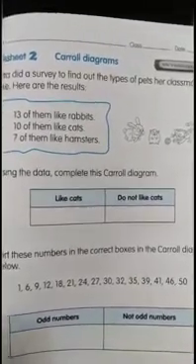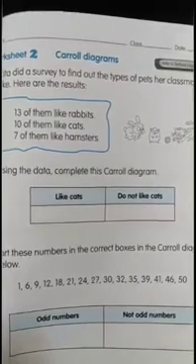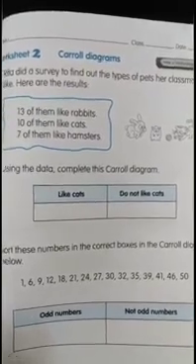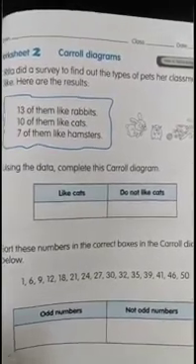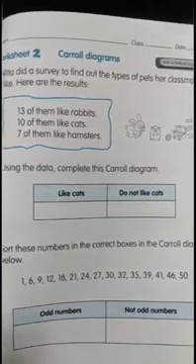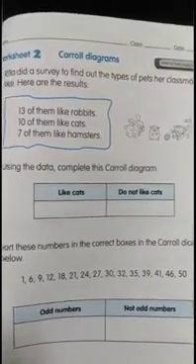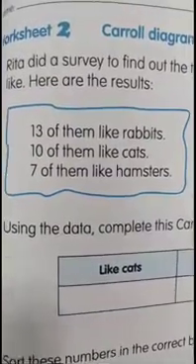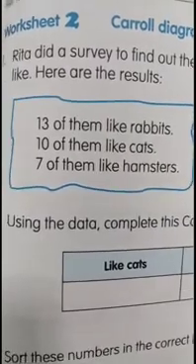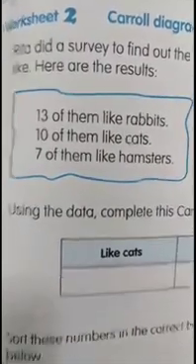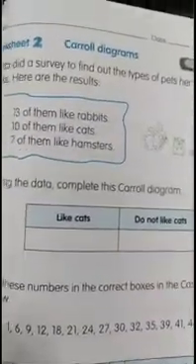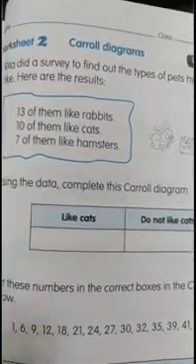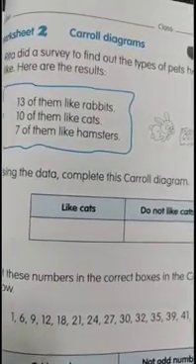This time, we are going to make a Carroll diagram according to classmates who like cats and who don't like cats. Let's go back to the information again. How many of them like cats? There are 10 of them who like cats. So in the missing blank under like cats, we can write 10.